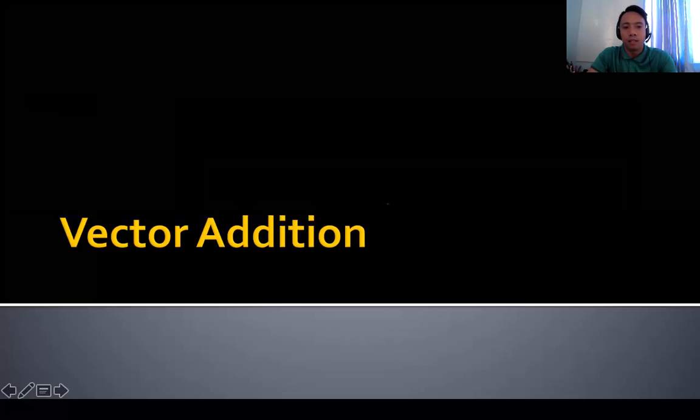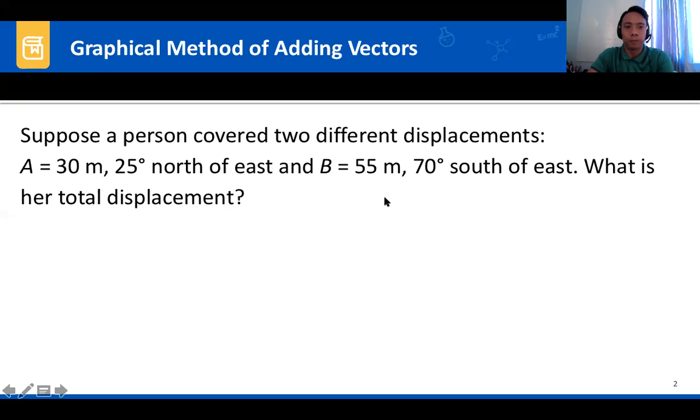So vector addition. We did last time the graphical method of adding vectors, right? Suppose a person covered two different displacements, A and B. We have A equal to 30 meters, 25 degrees north of east, and B is equal to 55 meters, 70 degrees south of east.